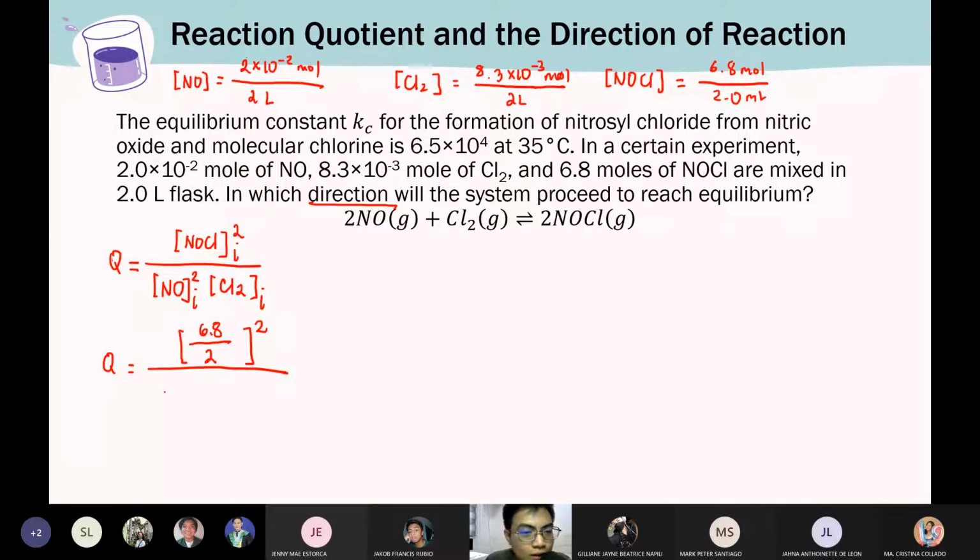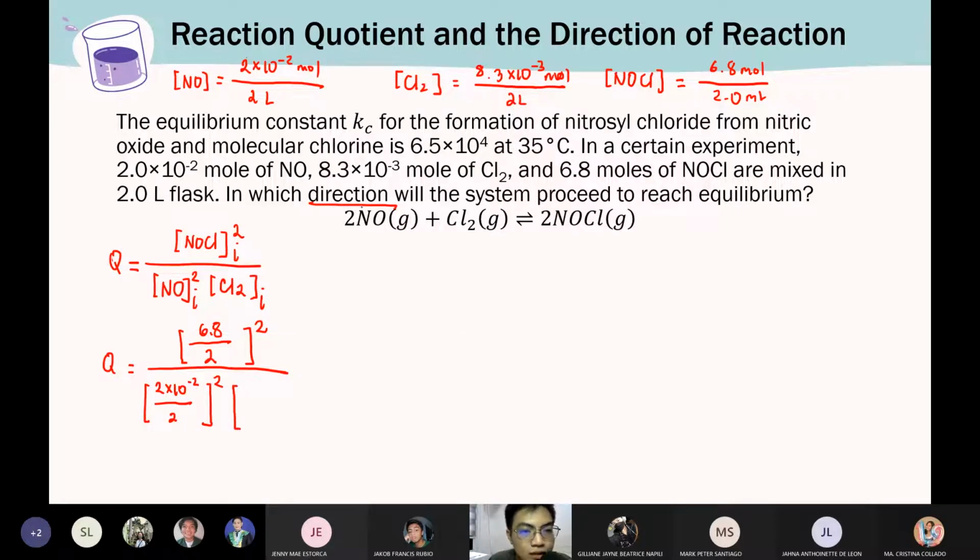Next one, the NO, the nitric oxide, which is a component of acid rain. So for NO, that's 2 times 10 raised to negative 2 divided by 2. And do not forget, it is squared.